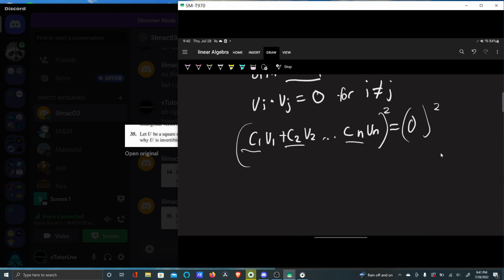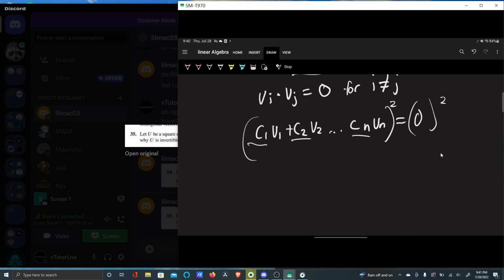If we squared both sides, we would get something that looked like c1 squared v1 squared plus c1 c2 v1 dotted with v2. When I say square both sides, I'm essentially saying take this and dot it with itself. If that makes sense.